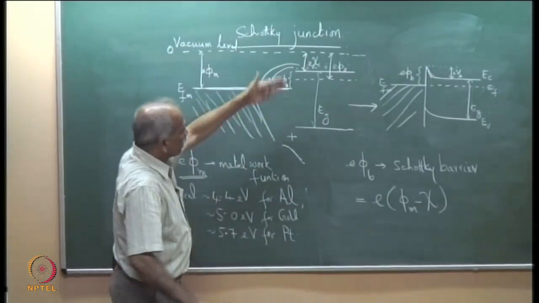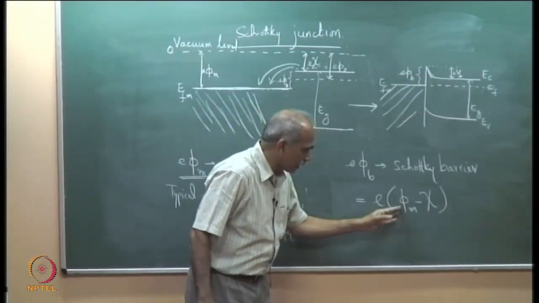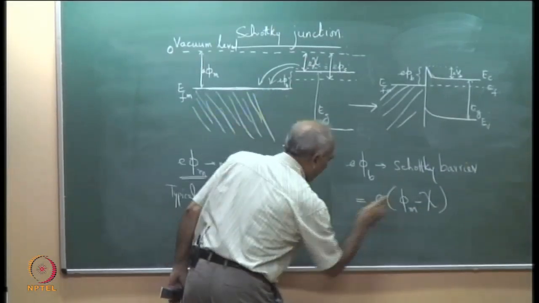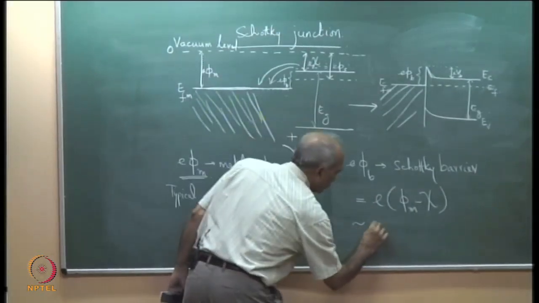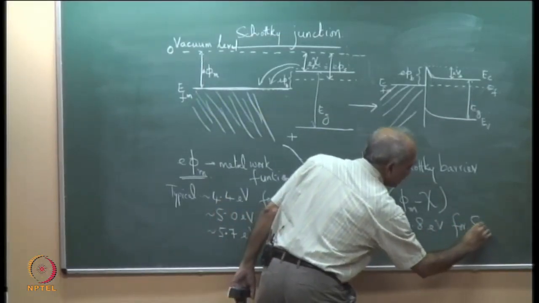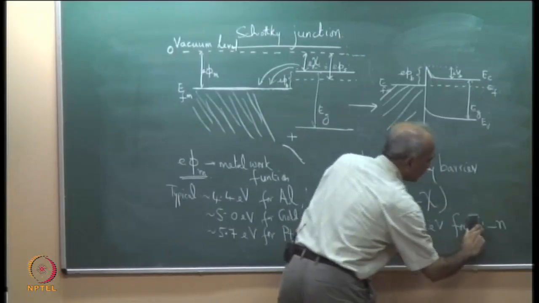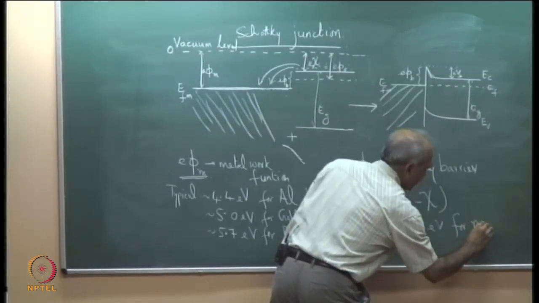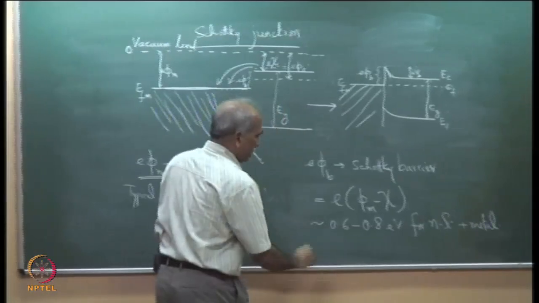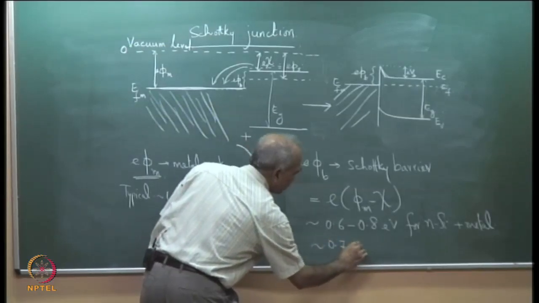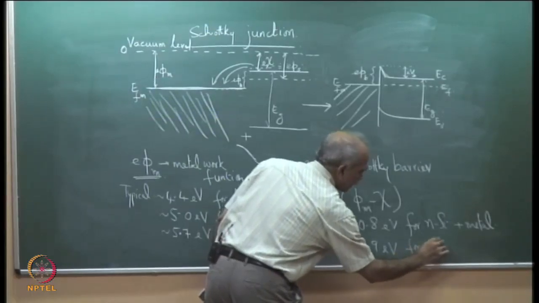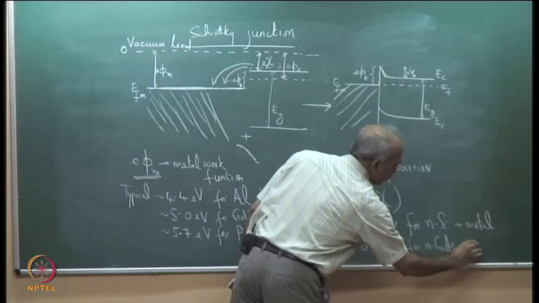Typically, although theoretically it looks like it is this much, in general there are other considerations which come into play, and the Schottky barrier is generally of the order of 0.6 to 0.8 electron volt for N silicon plus metal, and is generally of the order of 0.7 to 0.9 electron volt for N gallium arsenide plus metal.